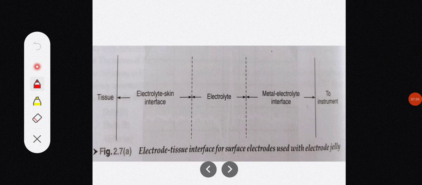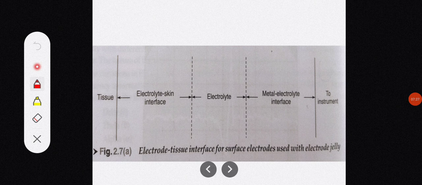Now this is the electrode tissue interface for surface electrodes. There are various types of electrodes, like microelectrodes, surface electrodes, and needle electrodes, but the most commonly used electrodes in patient monitoring are surface electrodes.